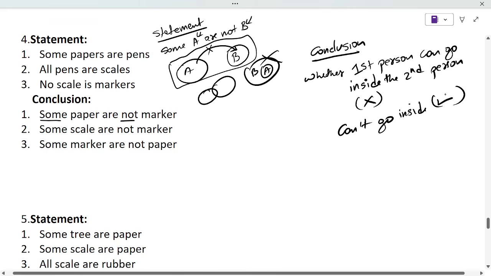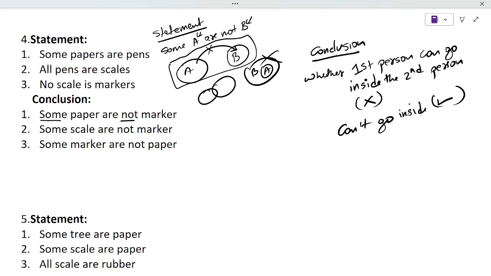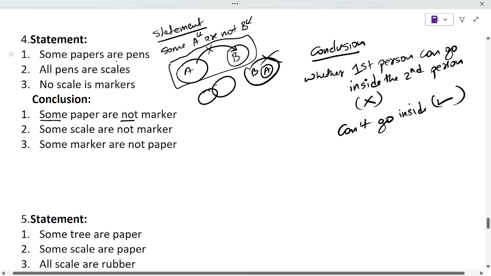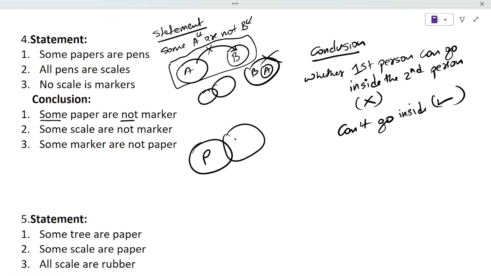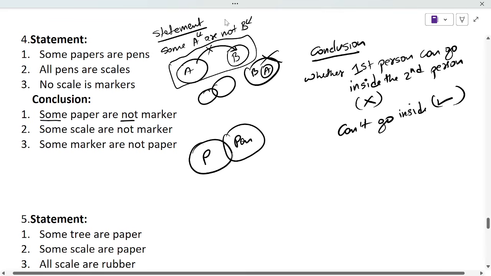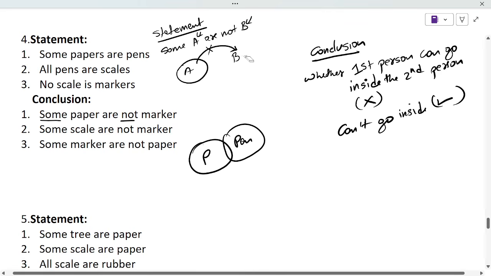So let's check this question number 4. Some paper are pen. Some part of paper belongs to pen. So we need bigger space.